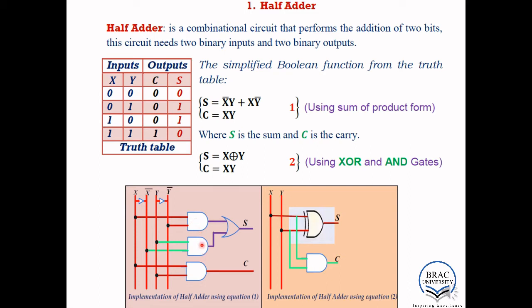If you connect them with an OR gate, you will get the sum. And for carry, you take x and y, and an AND gate gives you the carry.